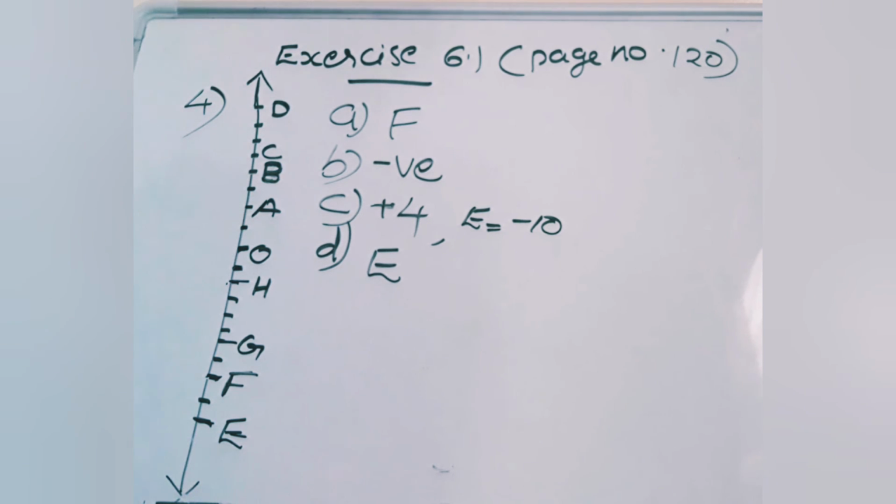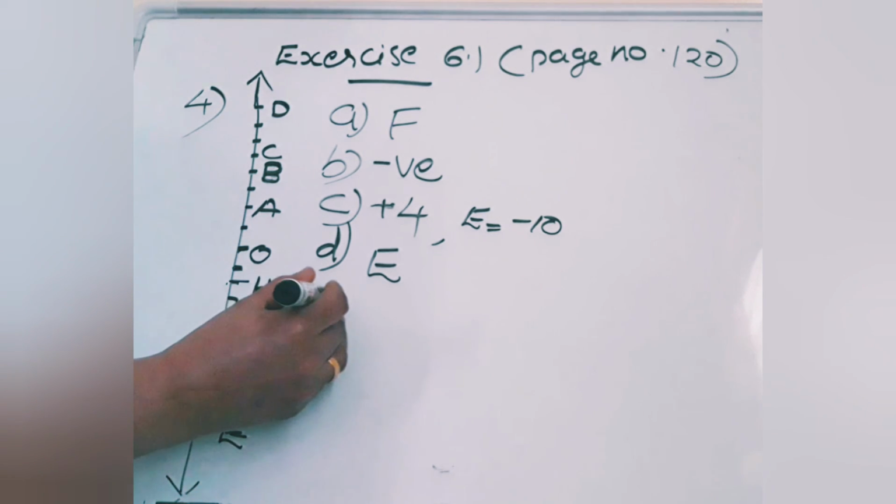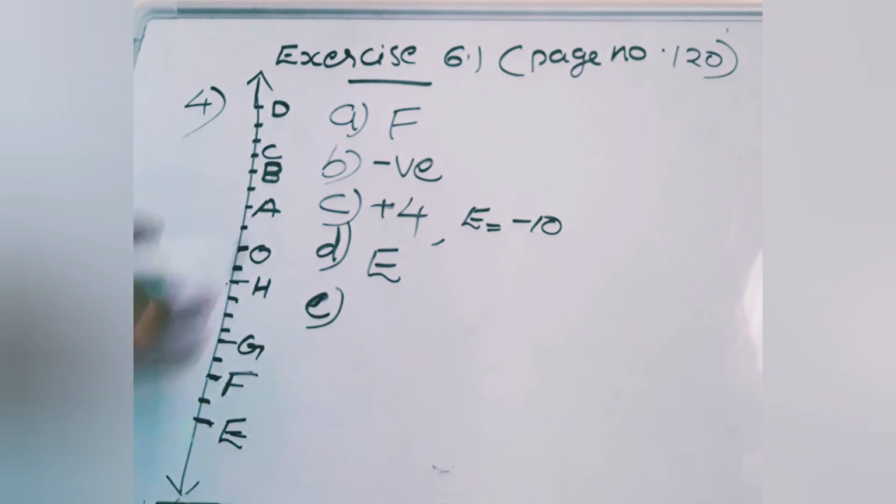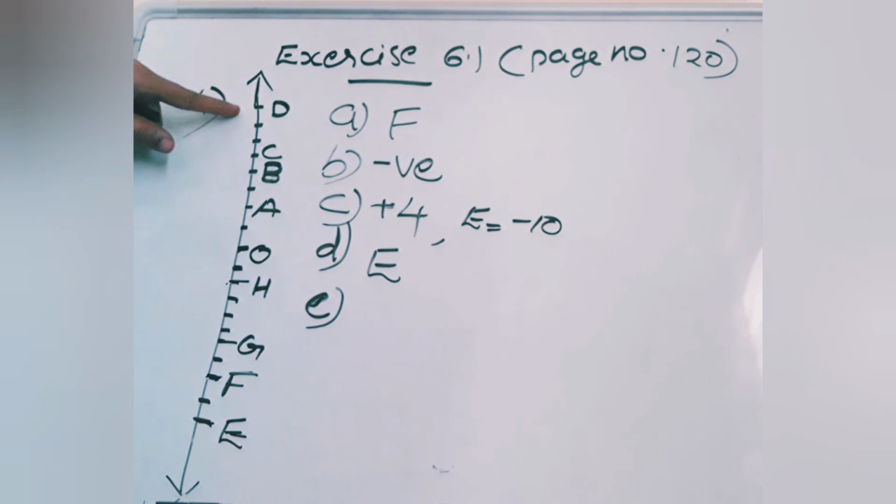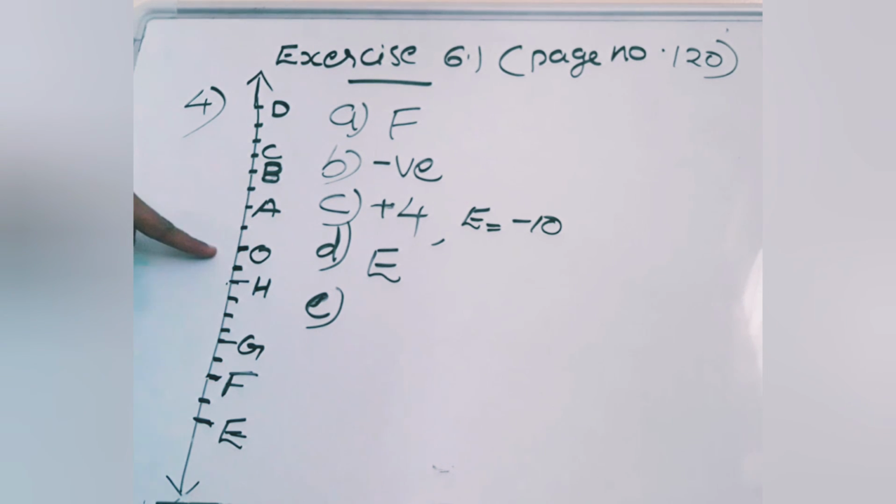Okay. Now question number E. Arrange all the points in decreasing order. Decreasing order means descending, biggest to smallest. We arrange the points by their alphabets. Positive integers are greater than negative integers. We will include 0, because 0 is less than positive integers.